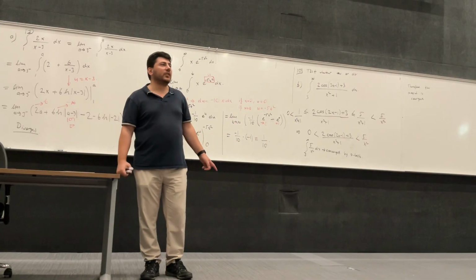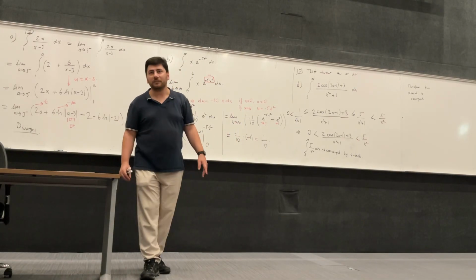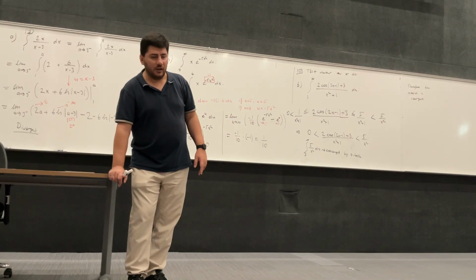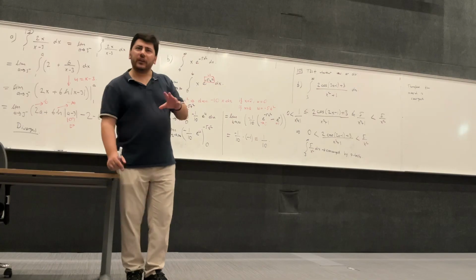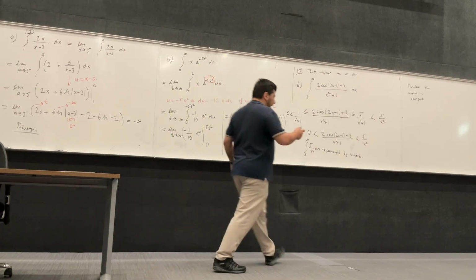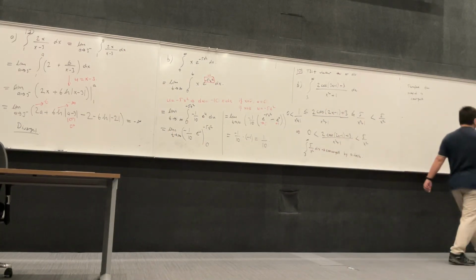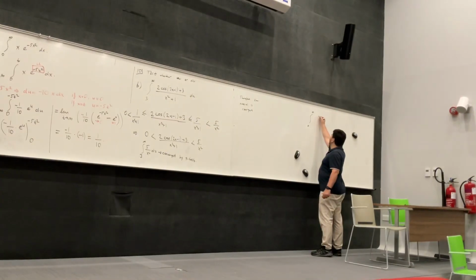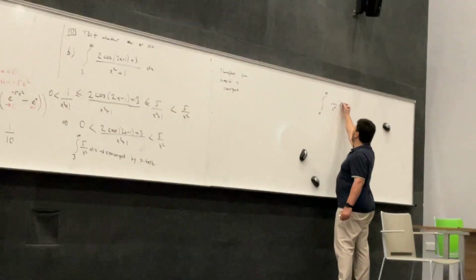Any other questions? So when we do the p-test, we don't care about the infinity? The p-test works for integrals from a to infinity of 1 over x to the power p dx.